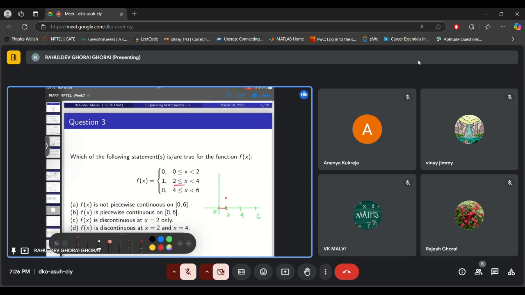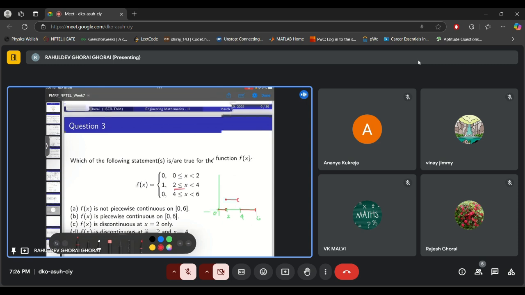So it will start from 1, and at 4 it won't reach 1, so it will be like this, an open bracket, as a standard notation, and then again it is 0. But at 6 also it will be 0, because otherwise it is not defined on the closed interval 0 to 6.